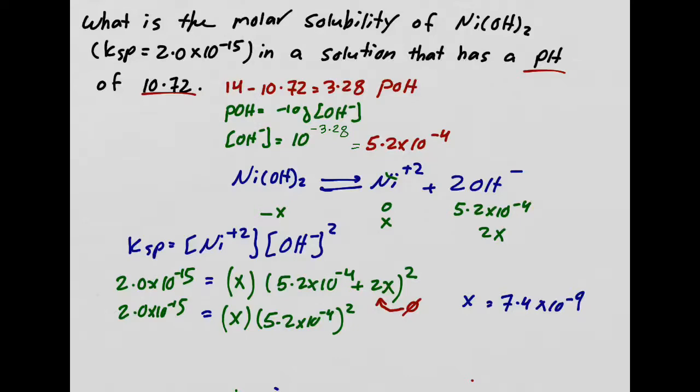Molar solubility, which is x, does change with common ion effect and other factors, but Ksp is a constant. The only thing Ksp is dependent on is temperature. So Ksp, the solubility product constant, is only temperature dependent. Molar solubility is affected by common ion effect and other factors.